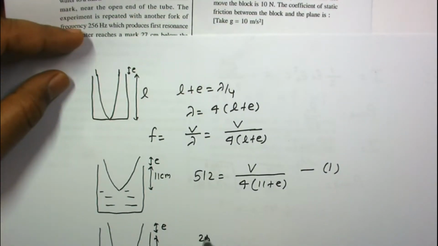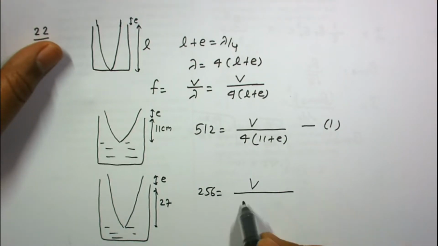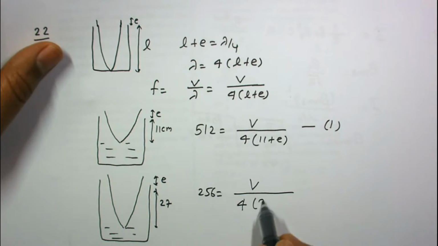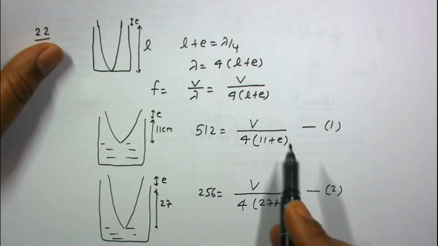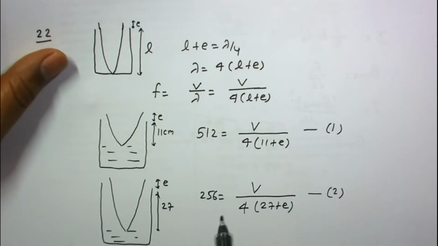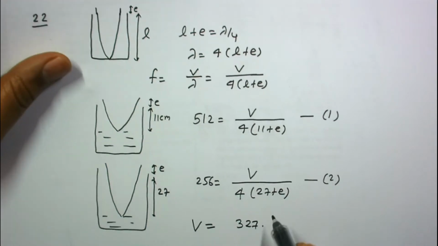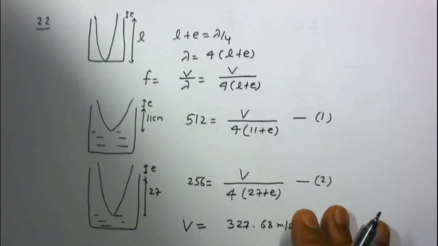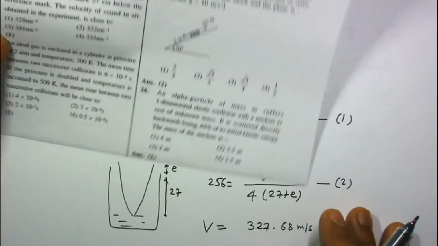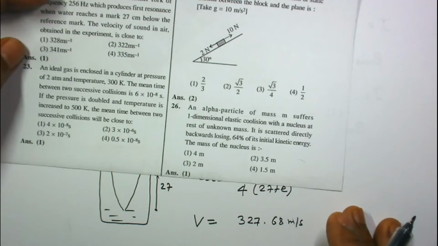So it is 256 equals V divided by 4 times 27 plus E. So these are the two equations. From these two equations we can solve, and after solving we get V is approximately 327.68 meter per second, and the closest choice will be, obviously it is 328 meter per second, option number 1.